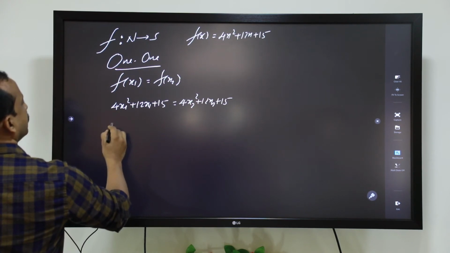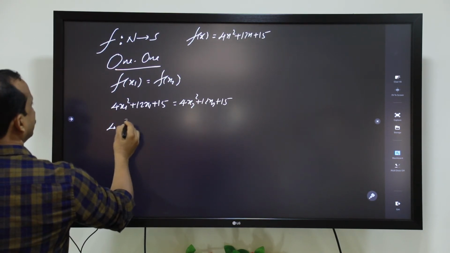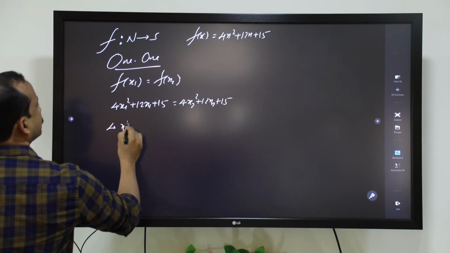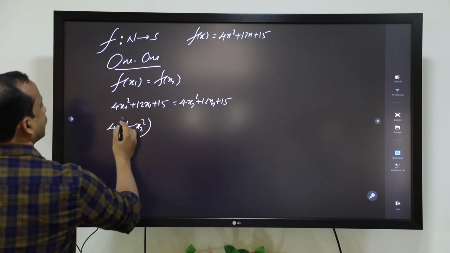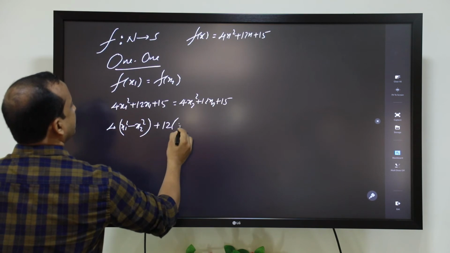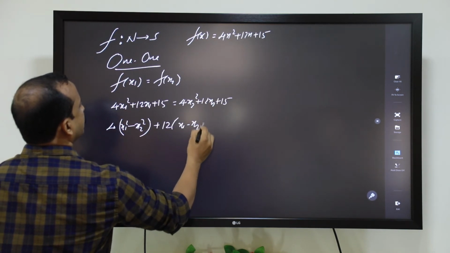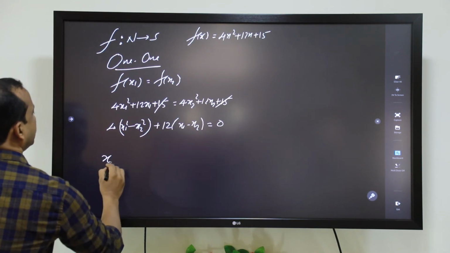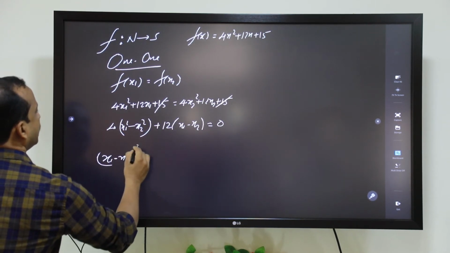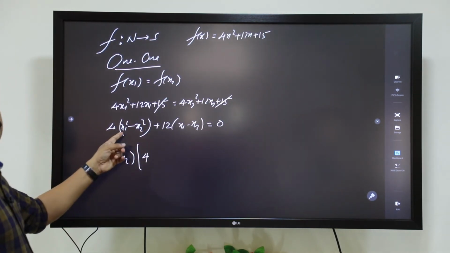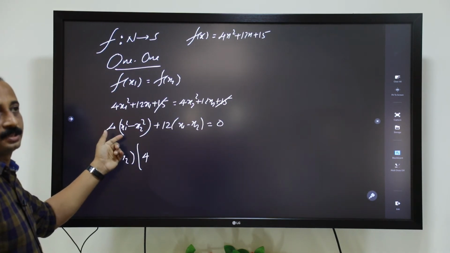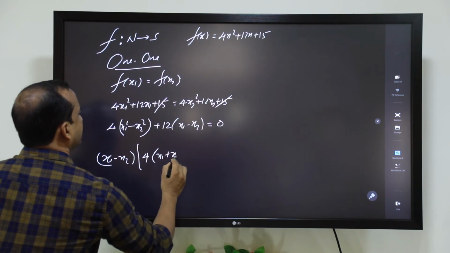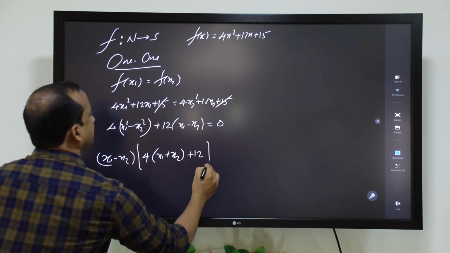Here, take the right side term to the left side, that is 4 into (x1 square minus x2 square) plus 12 into (x1 minus x2) is equal to 0. Here 15 cancel. And therefore, here x1 minus x2 is common. Balance 4 into (x1 plus x2), because x1 square minus x2 square means (x1 plus x2) into (x1 minus x2). Balance term (x1 plus x2) plus 12 is equal to 0.